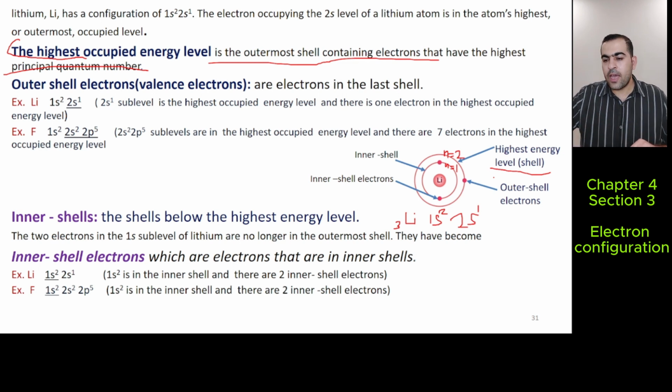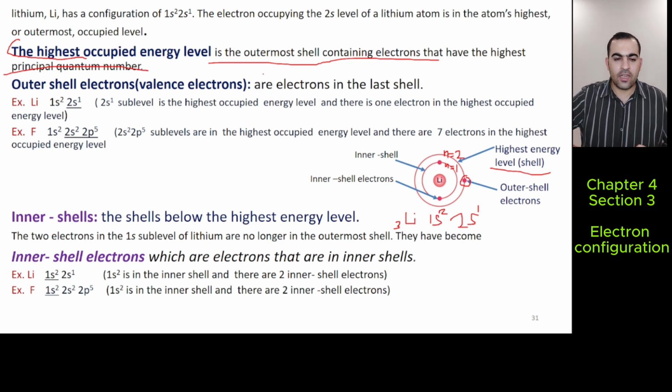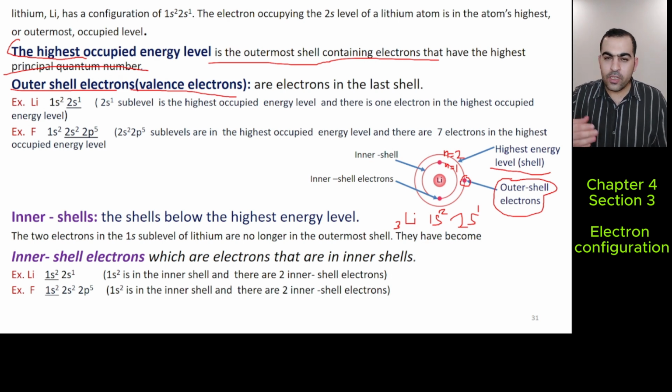What do we call the electrons in the highest occupied energy level? Outer shell electrons, or valence electrons. Look, outer shell electrons, valence electrons are electrons in the last shell. So what about the other electrons?